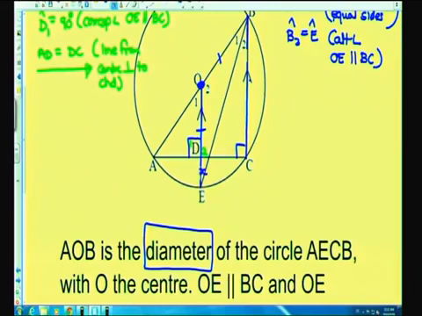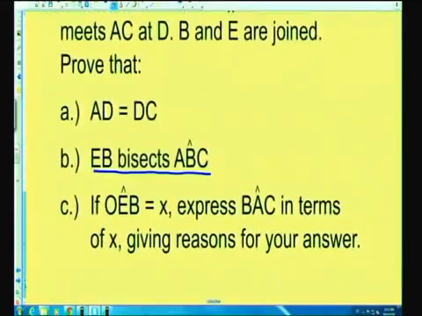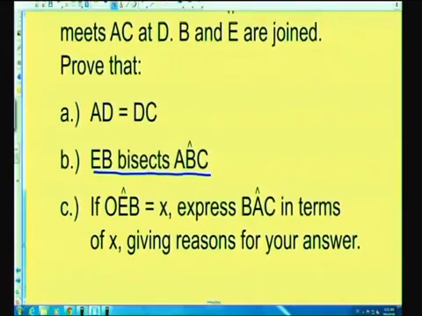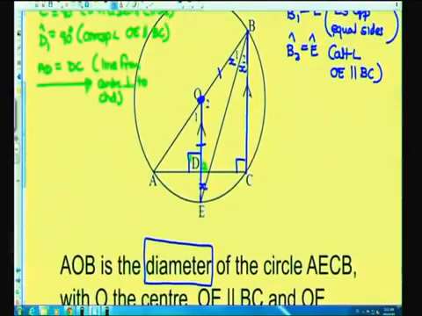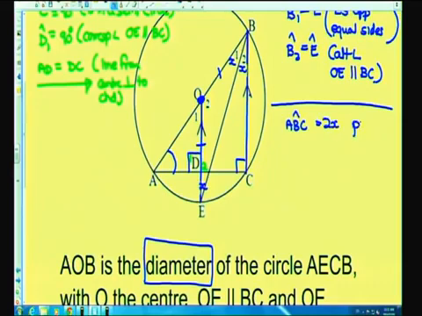So that's an X, which means that's an X, which means that's an X. Right, let's go back down to the question. Express BAC in terms of X. So let's go back here. BAC, this guy here. Now, I'm sure you can see it's not so bad, because you can see immediately that angle ABC is 2x. That's been proven.